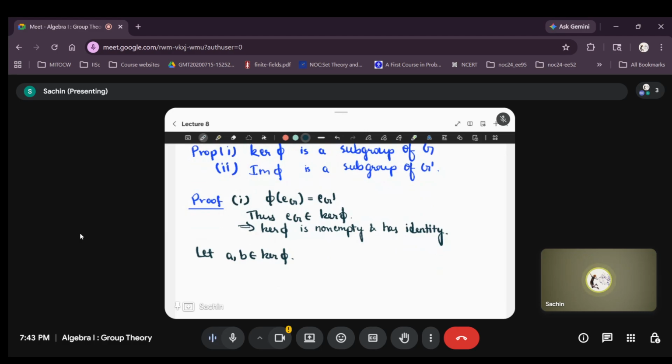We want to show A star B is also in the kernel. A star B will be in the kernel if, what is the condition by definition? You can do the one step test also. If you want to show A B inverse is in the kernel: the kernel is a set of elements that are mapped to identity, right? So you have to show that phi of A B inverse is the identity. Then A B inverse will be in the kernel.